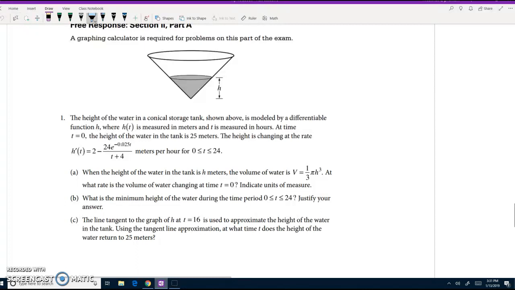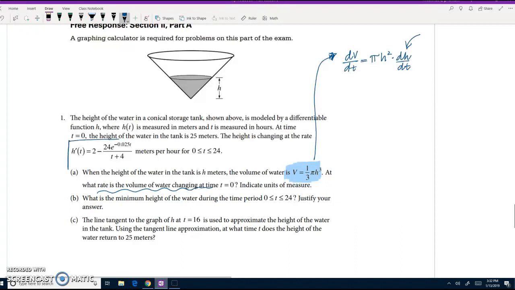So what you want to do for your related rates problem is to start with whatever equation relates the two quantities, so the 1/3 pi h cubed. Then we can take this equation and find the related rates components. So we've got dV/dt is equal to, and then that 3 is going to come in front, so I just have pi h squared, and then I don't want to forget the dh/dt. Now our goal is to solve for dV/dt because it says what's the rate that the volume is changing, and we need something to substitute in here for the dh/dt.